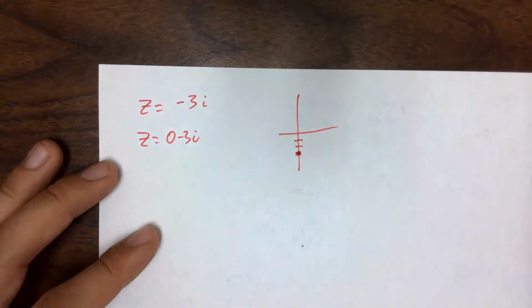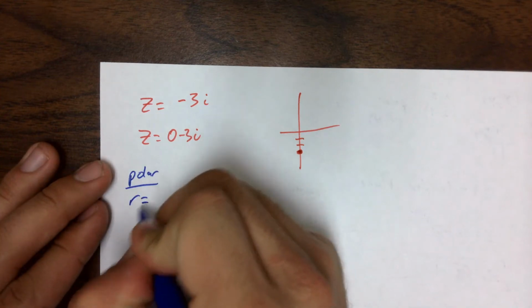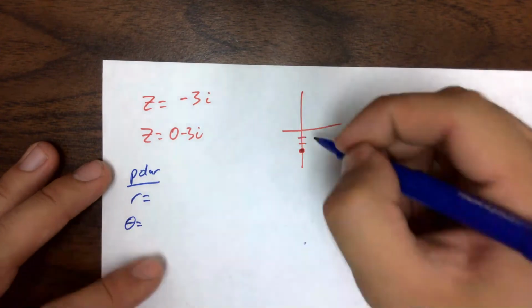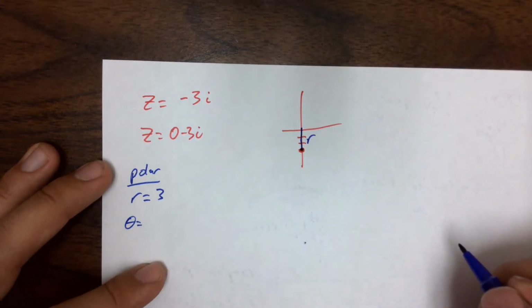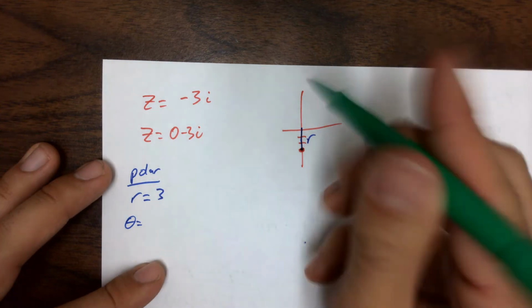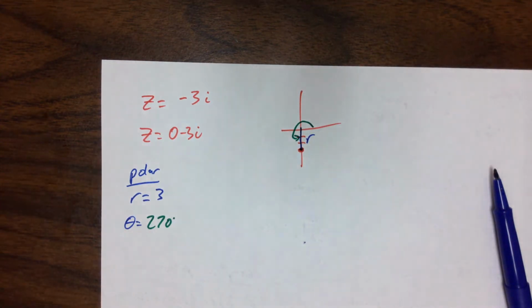So if I want to go to polar, I need r's and thetas. My r, that's the distance from the pole, is just 3. And then my theta, well, hey, what's this angle here? Boom, 270 degrees.